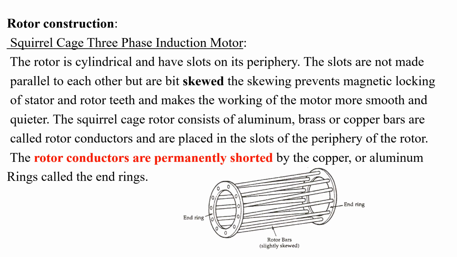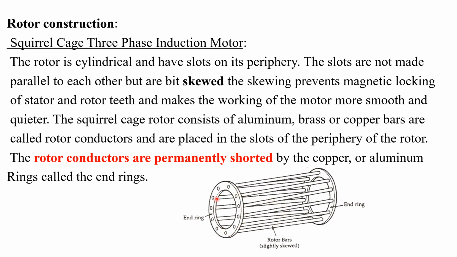So okay friends, now let us discuss the construction of the rotor. We know that based on the construction of the rotor, there are two types of induction motors, slip ring induction motors and squirrel cage type induction motors. Here we will discuss the squirrel cage type induction motors. This type of rotor consists of a cylindrical rotor which has slots on its periphery. Here you can see the rotor bars.